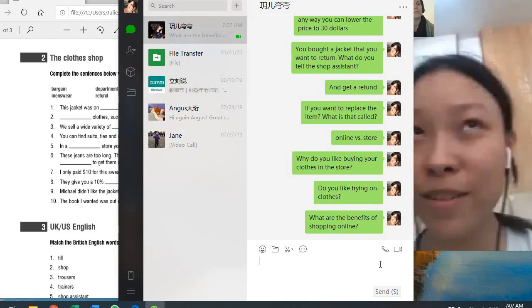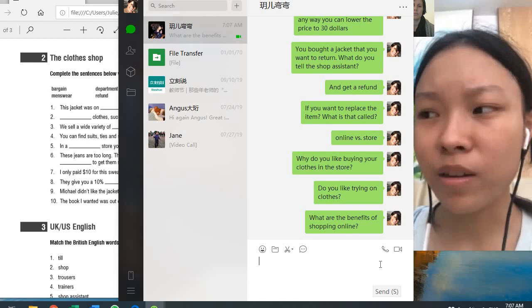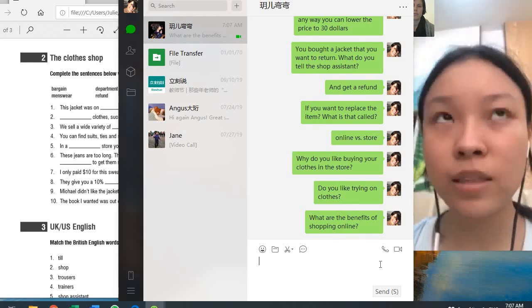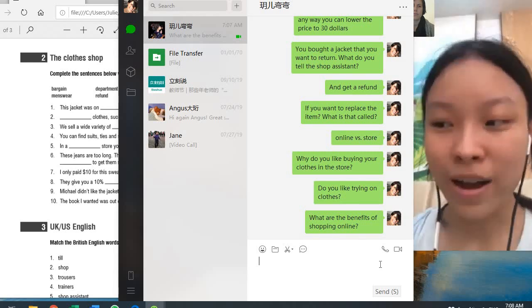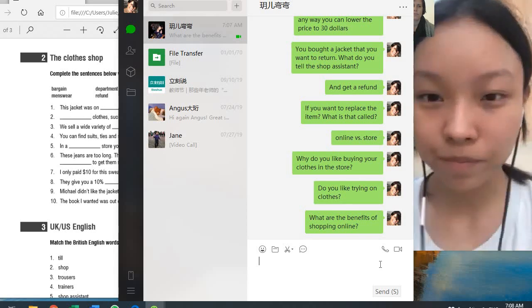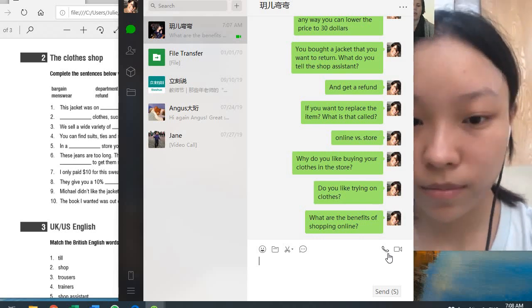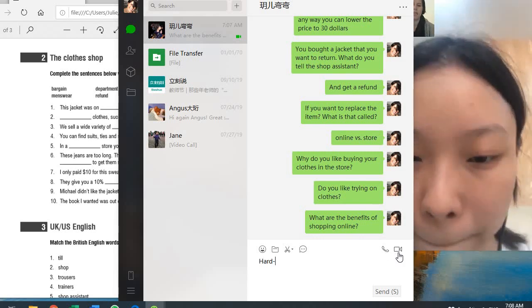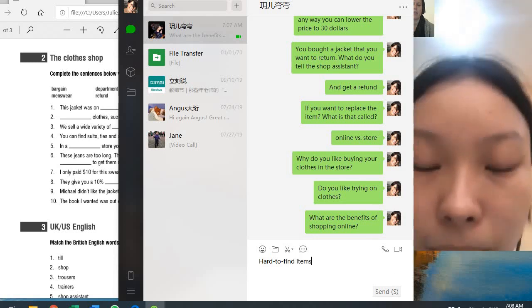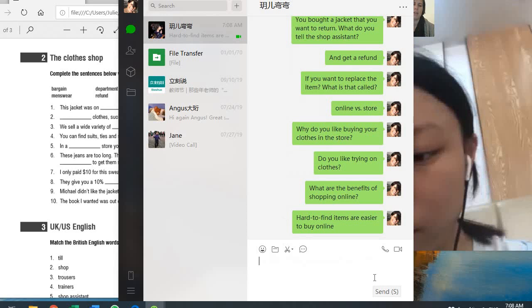The material to cook is not very easy to find in the market. So I bought it online. Okay, so that's good. So when it's hard to find, right? Hard to find items are easier to buy online, right? Exactly, right.